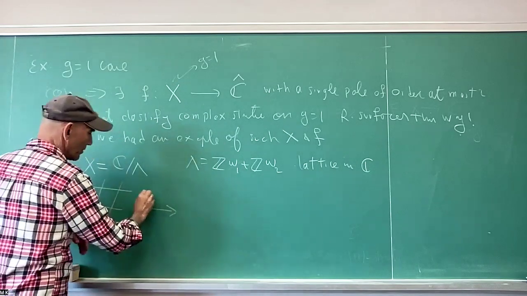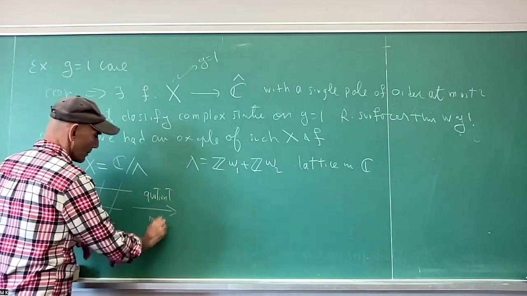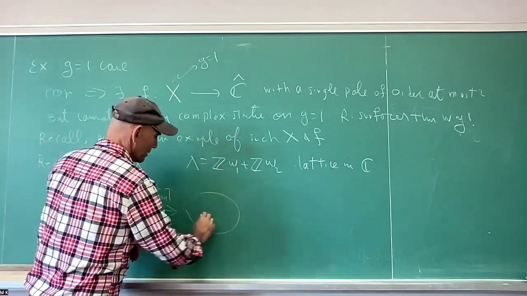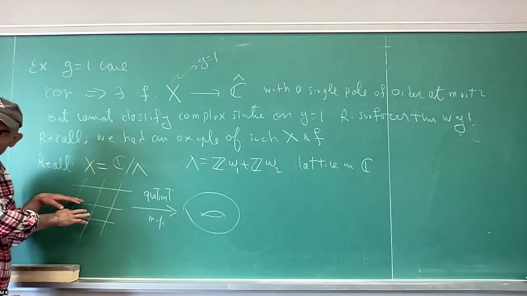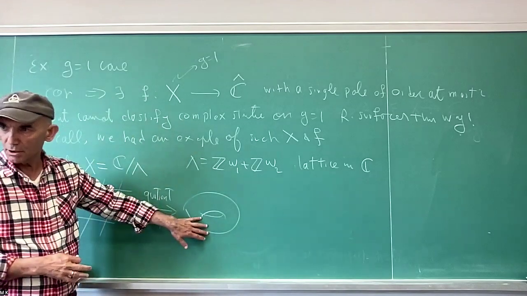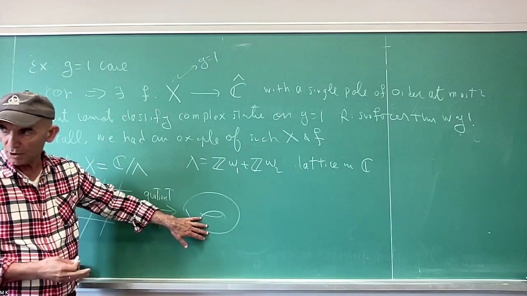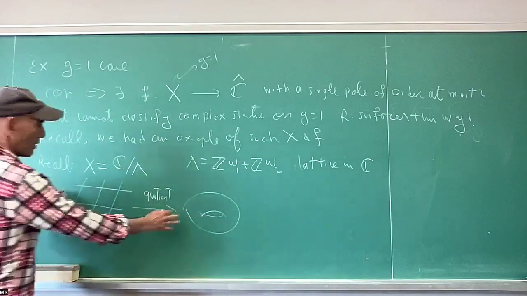So the quotient map takes you into this, and it inherits the complex structure from C. So it becomes a Riemann surface as a result. So this is our Riemann surface.